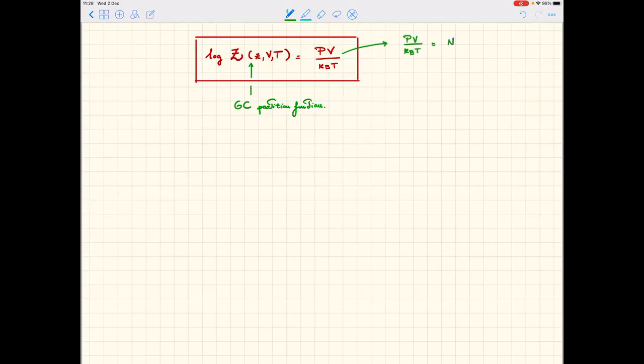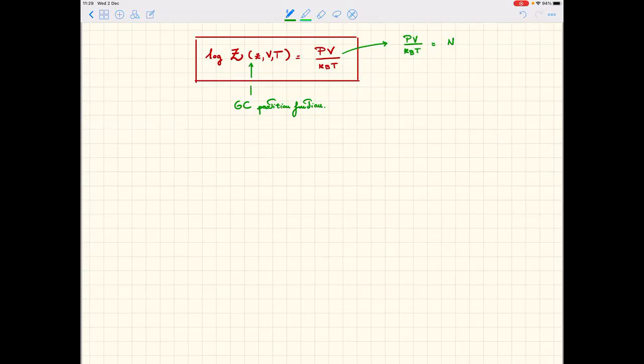Is equal to the number of particles. So this is the equation of state for the ideal gas. So you see, this expression has the structure of something that could tell us if you're able to compute the grand canonical partition function, you could get something like an equation of state for your system. So that's why it is useful. You see, it's an arbitrary definition. Yes.